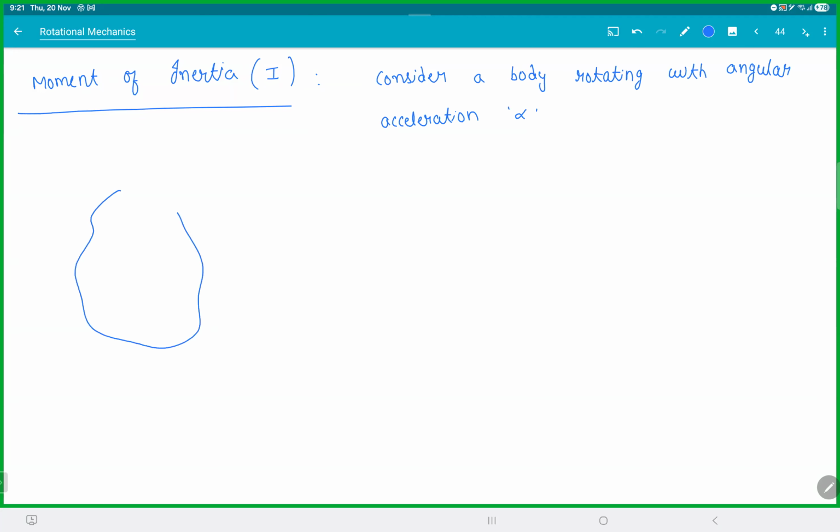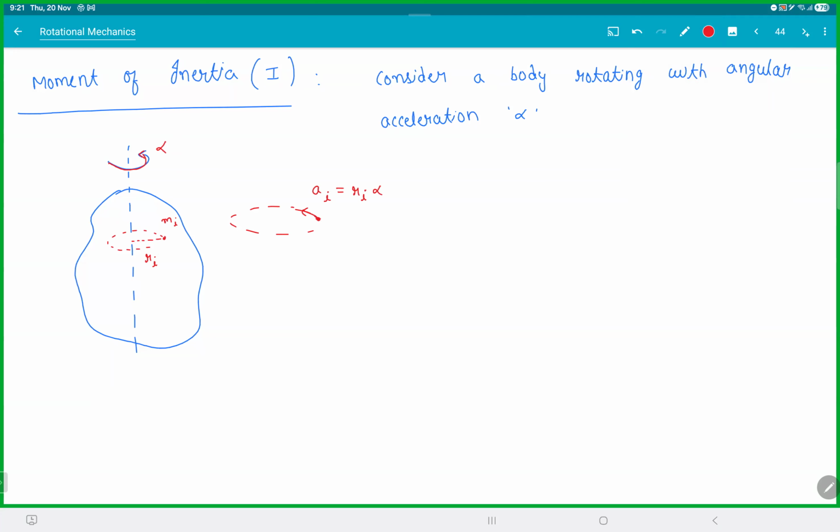So we have taken some random body and let's say it is purely rotating about an axis with an angular acceleration alpha. So now if you consider a particle here, mi, at a distance of ri, and when it is going in a circle, so this particle will have a tangential acceleration, which is ai is equal to ri alpha.